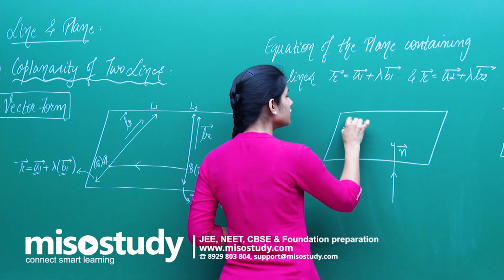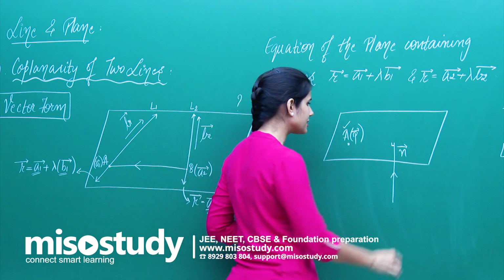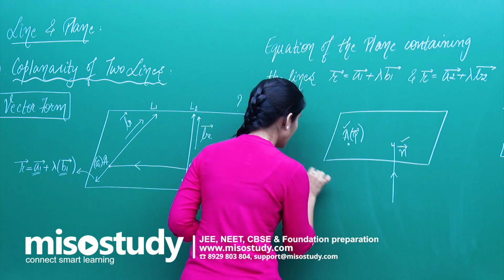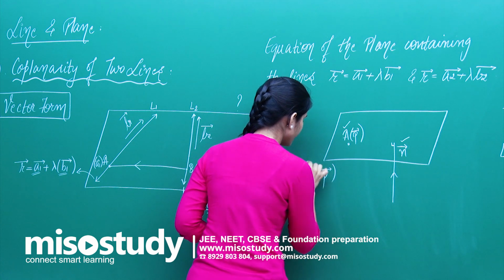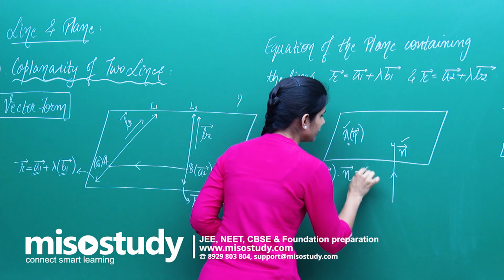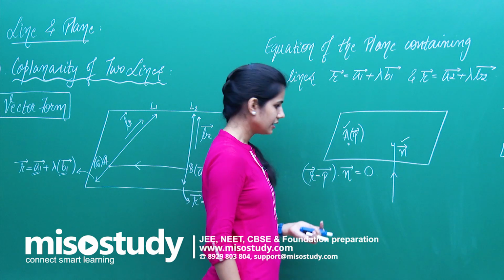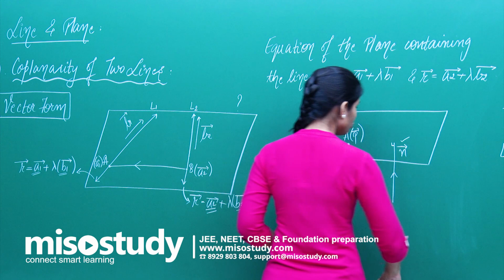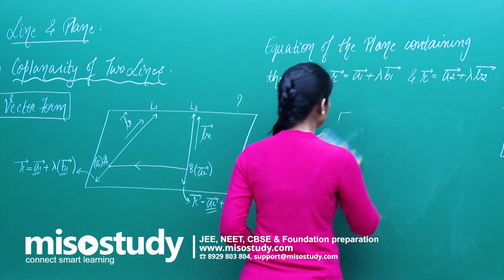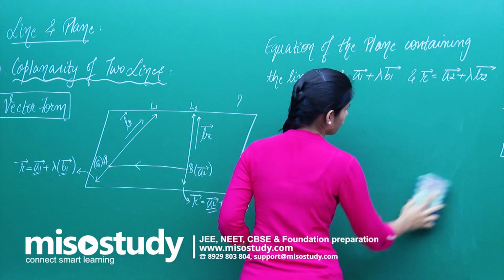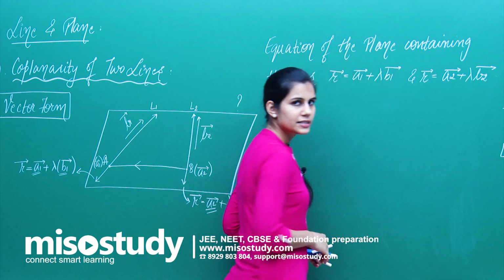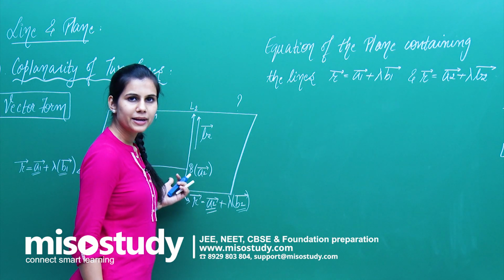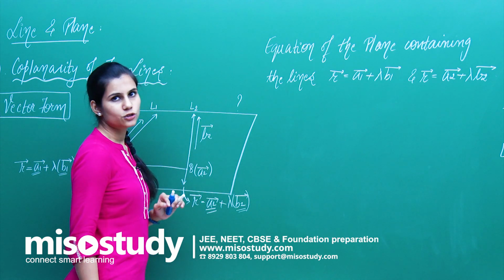So with the help of position vector of a point through which the plane is passing and the normal vector to the plane, I can get the equation of my plane, which is r minus the position vector dot n equals 0, right? That is the equation of this plane. Using this particular way of obtaining the equation of a plane, our search starts for the position vector of a point through which my plane is passing and the normal vector to this plane.